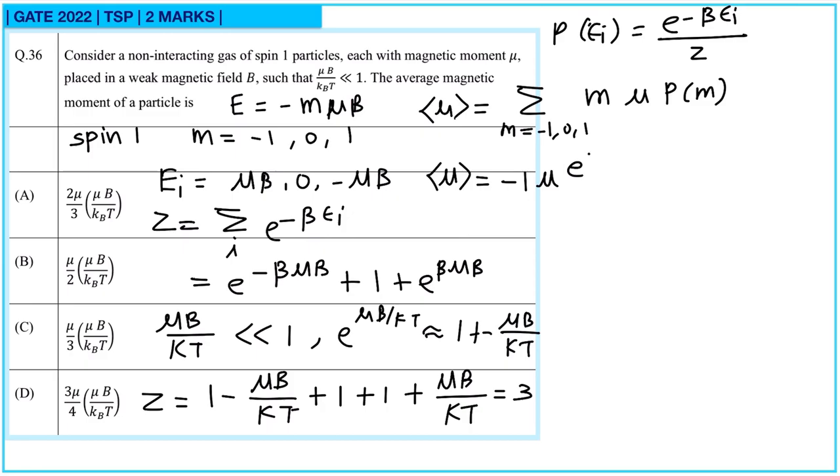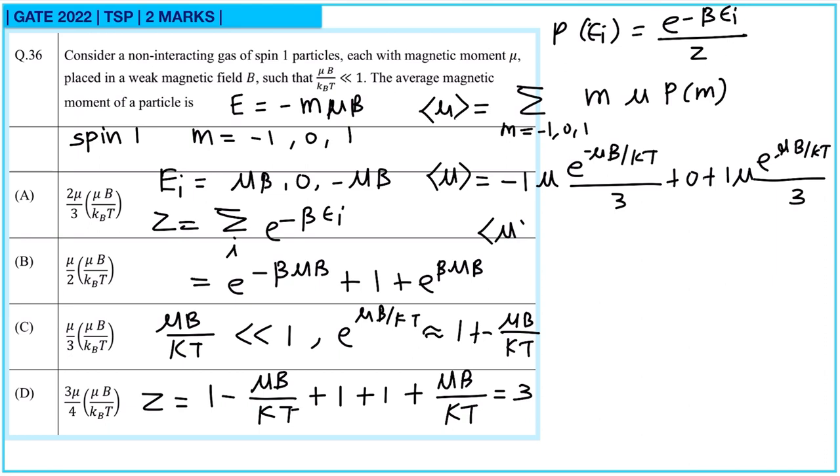So this will be μB by kT, and there we have a minus sign, so this will be minus μB by kT, divided by 3, plus we have 0, plus 1 into μ e raised to μB by kT upon 3.